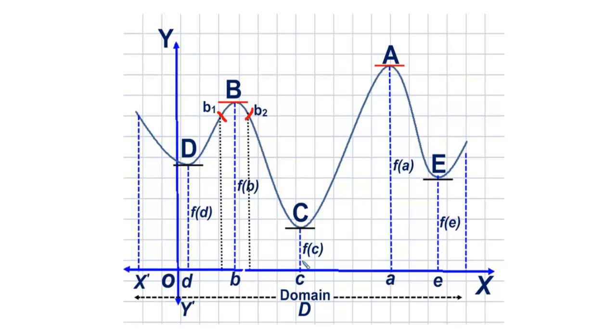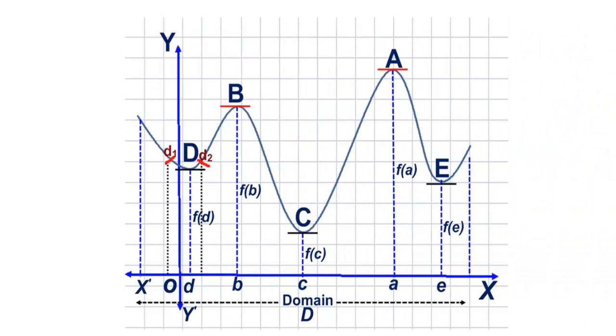However, the point D is not the smallest when compared to the point C. But if we consider the small interval D1, D2 in its neighborhood or vicinity, D has the smallest value when compared to the other points in this interval.